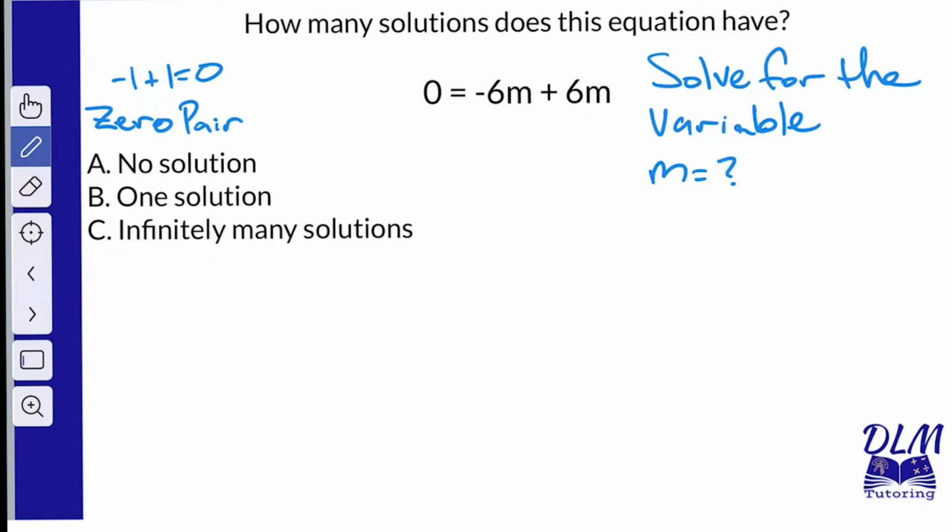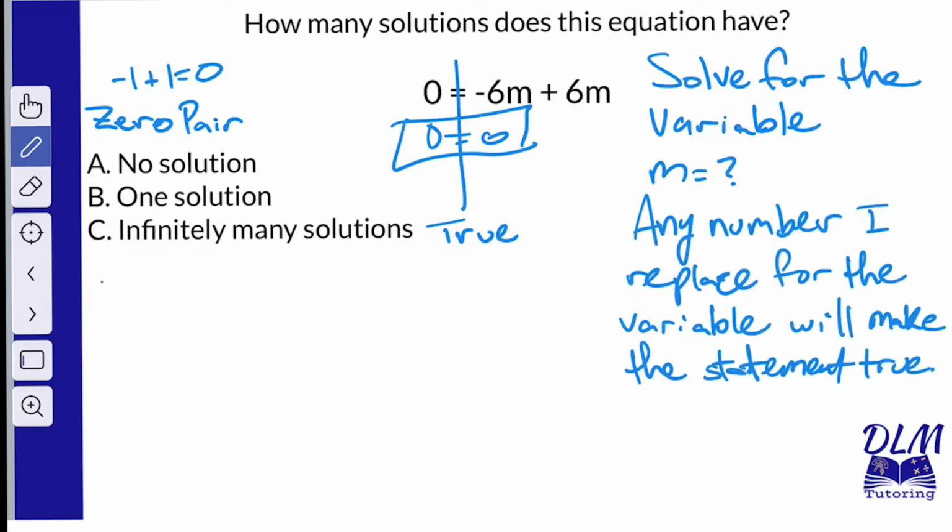This is where the values cancel each other out. So when I go to solve this problem, 0 is actually equal to 0. Or in other words, since this statement is true, then I have to remember any number I replace for the variable will make the statement true.